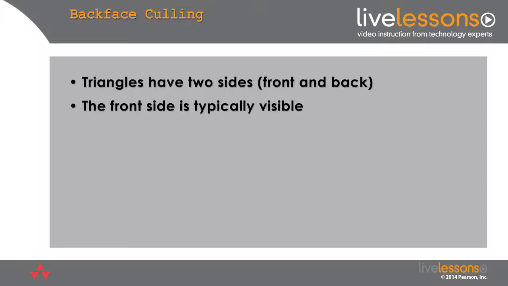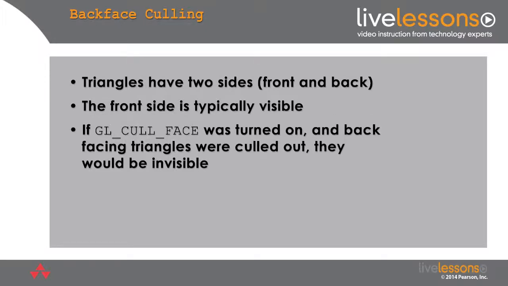We can't usually see the back side of a triangle. We would only see the back side of a triangle if it was an incomplete object, meaning that we could see inside of the object. Maybe we had cut the cross section of a teapot, and we could see inside of the teapot. Well, if we had culling turned on, and those otherwise back-facing triangles were culled out, they would be invisible.